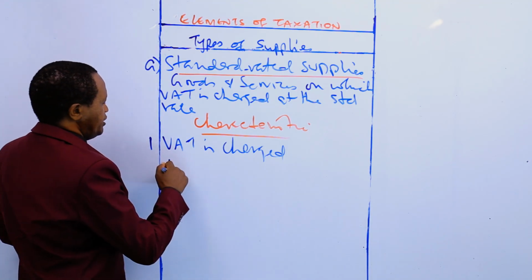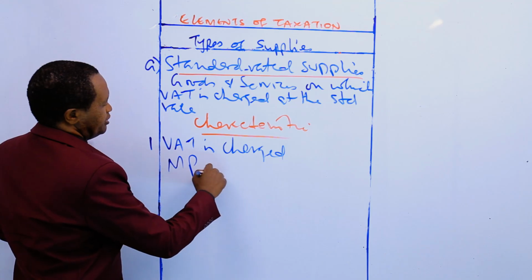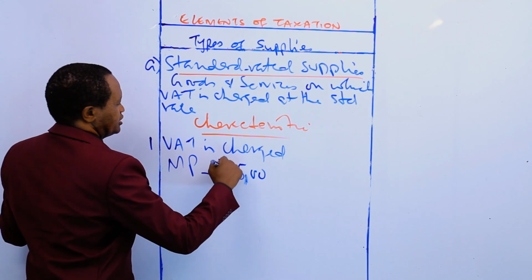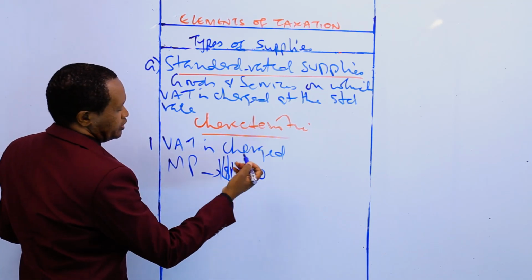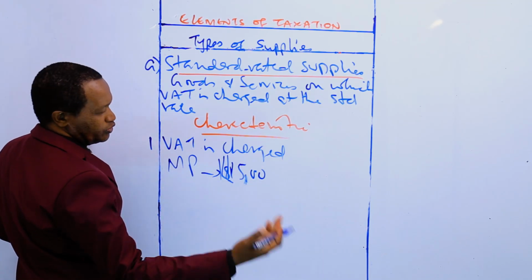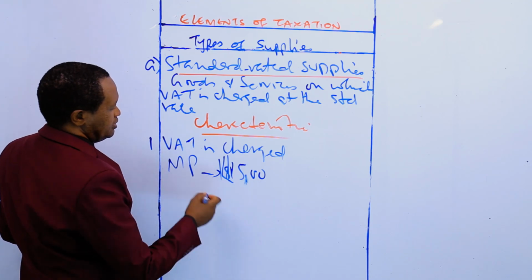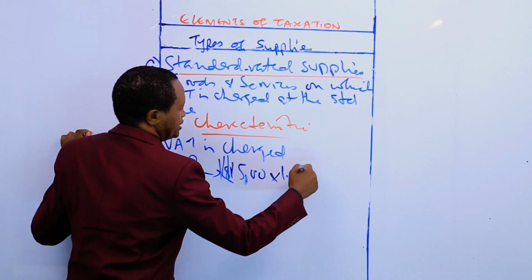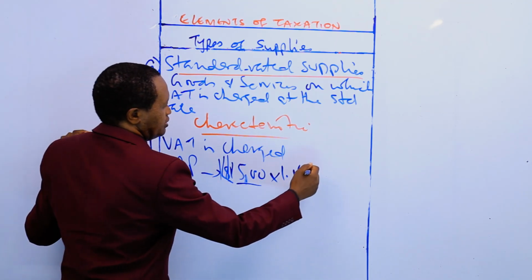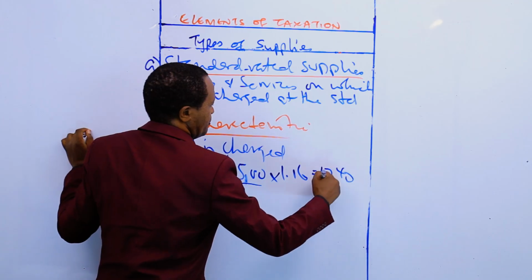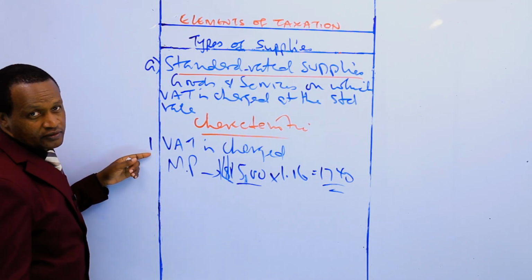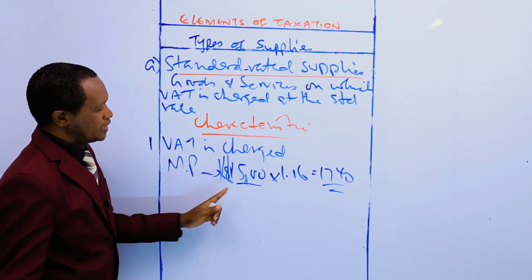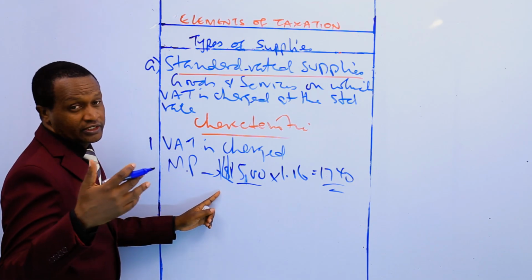So if Manifested Publishers is selling books at 1,500 Kenya shillings, the market price exclusive of tax, then Manifested Publishers has to multiply by 1.16, and this will be around 1,740. The supplier must add 16%, arriving at a VAT inclusive invoice price.